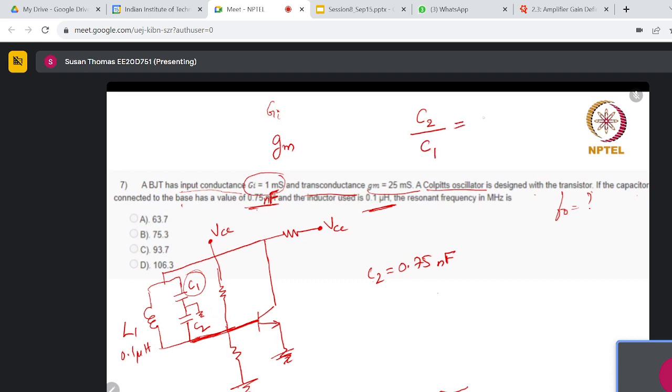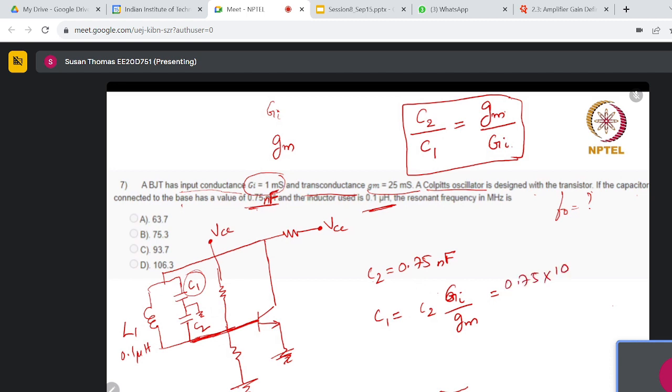C2 by C1 is equal to Gm by Gi, where Gm is the transconductance and Gi is the input conductance. So from that, C1 can be evaluated. C1 is C2 into Gi divided by Gm, which is 0.75 nanofarad multiplied by 1 millisiemens divided by 25 millisiemens.